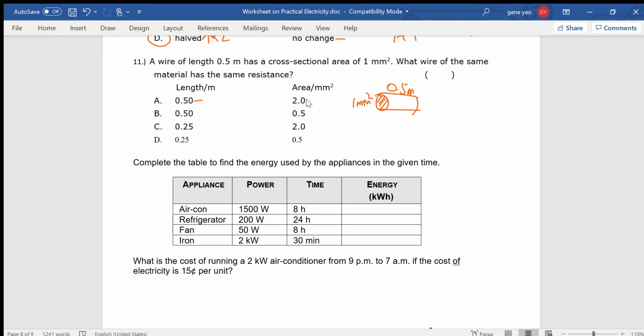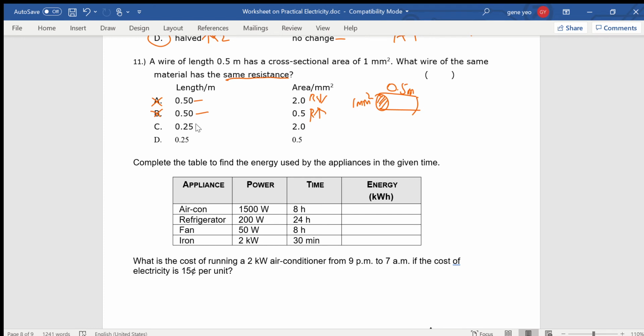Area has increased by 2 times. If the area increases by 2 times, the resistance drops by 2 times. So this is wrong. Length no change. Area drops by 2 times, means the resistance increase by 2 times. So this is also wrong, because remember, we want the same resistance.